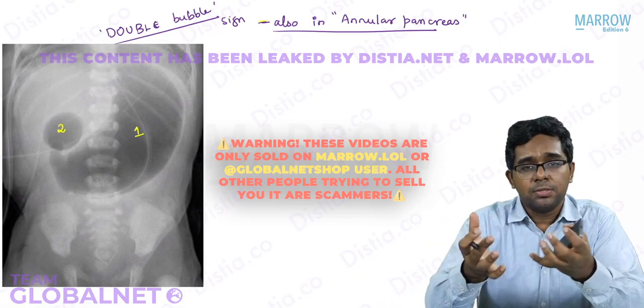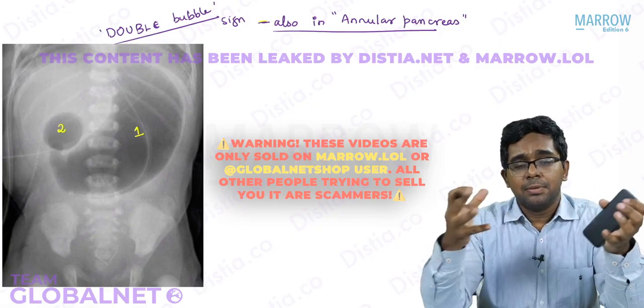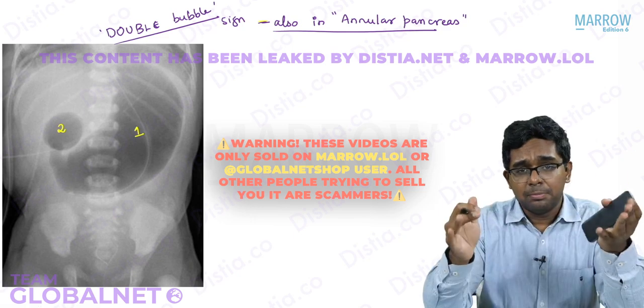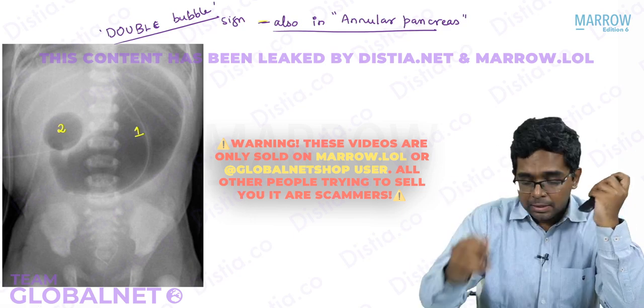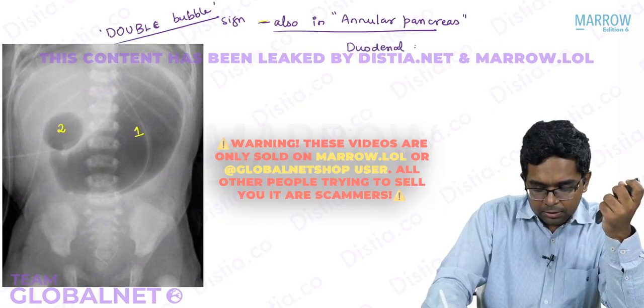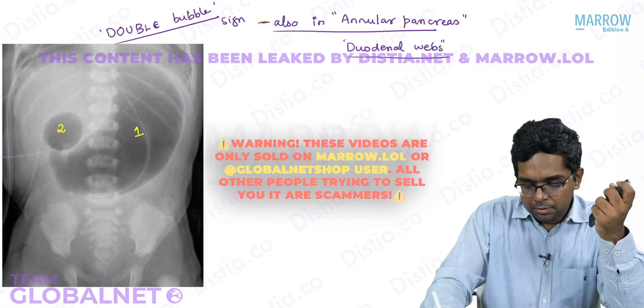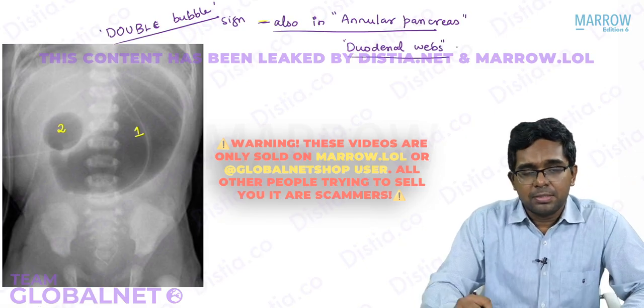The annulus surrounds the duodenum and constricts it, causing a condition similar to duodenal atresia. That is why the double bubble sign is also seen in that condition. In duodenal web also the double bubble sign is seen. So these are the other conditions where you can get a double bubble sign.